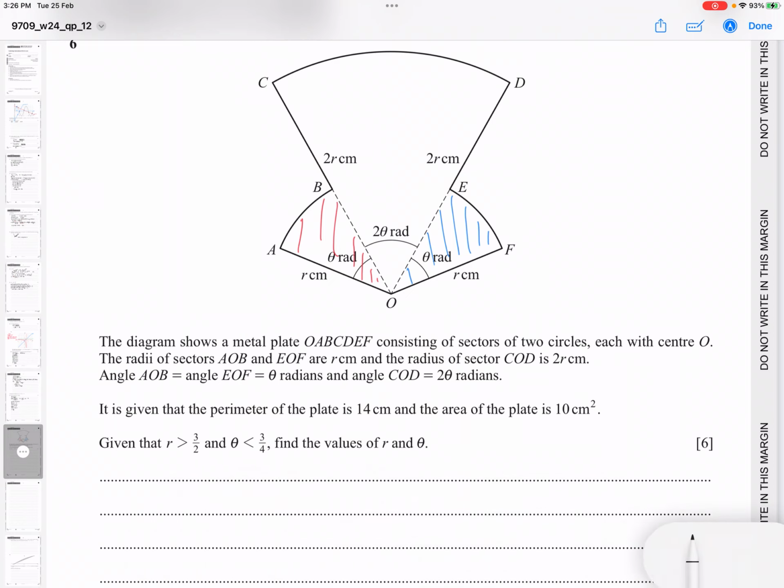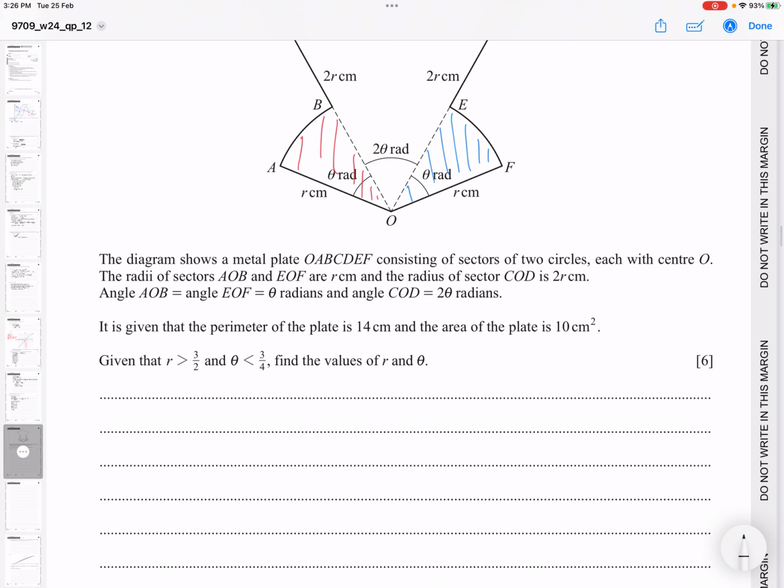So let's find out its area. One over 2 r square theta, so it is 1 over 2 r square theta, plus same will go for sector EOF, 1 over 2 r square theta, and it makes r square theta total.